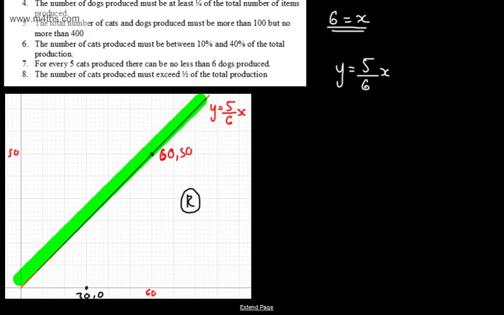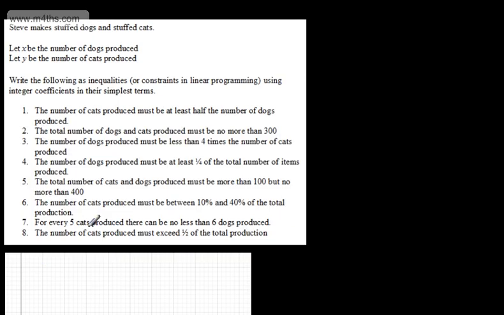Okay, let's look at question number 8. The number of cats produced must exceed 1/2 of the total production. So all I'm going to do, it must exceed. That means it's got to be bigger. So we can say now that 2y must be greater than x plus y. We could have written this now as y must be now greater than 1/2 (x plus y).